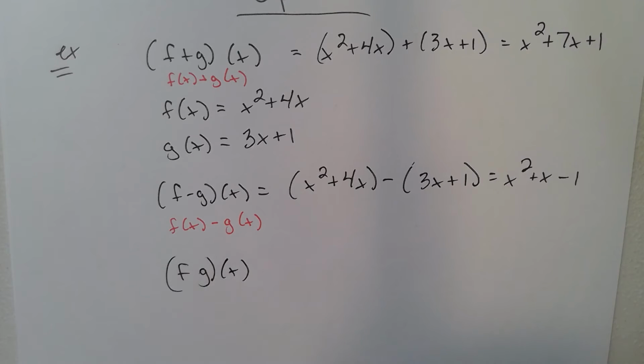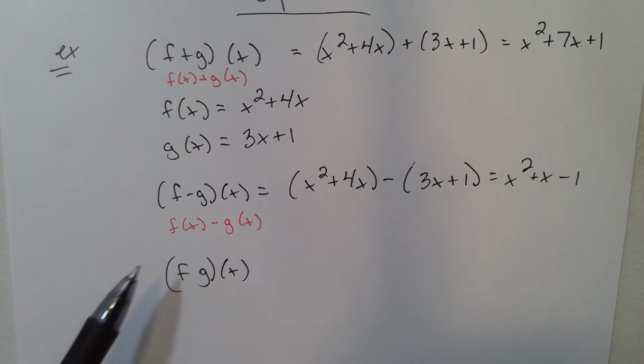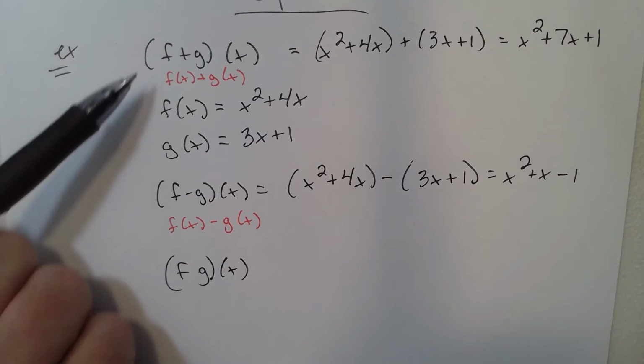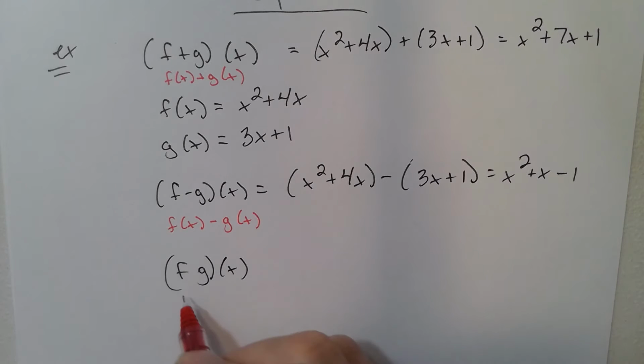So if I were writing the textbook, I would write my questions in red here, not the way they do it right here. And f g of x is just f of x times g of x, and that's the way I would write the question. So that's what this means.